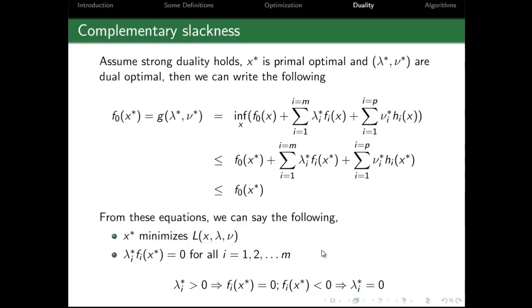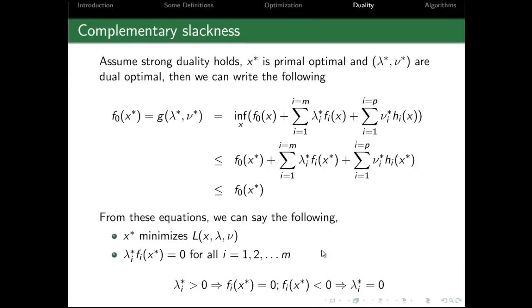So now we look at complementary slackness. Assume strong duality holds and x star is the primal variable and lambda star, nu star are the dual variables. So when I say strong duality holds, we know that f naught at x star is equal to g at lambda star, nu star.